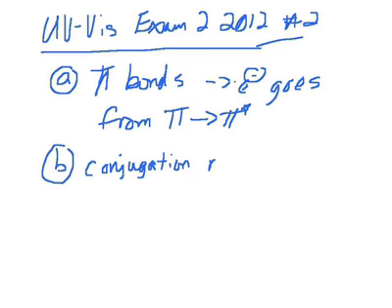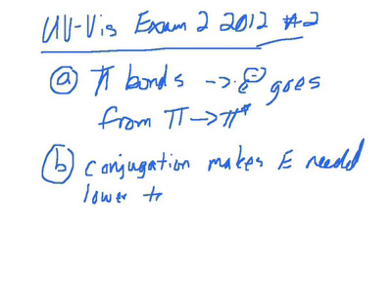So conjugation makes the energy needed to go from pi to pi star lower. Which kind of wavelength is higher in energy, the long wavelength or the short wavelength?